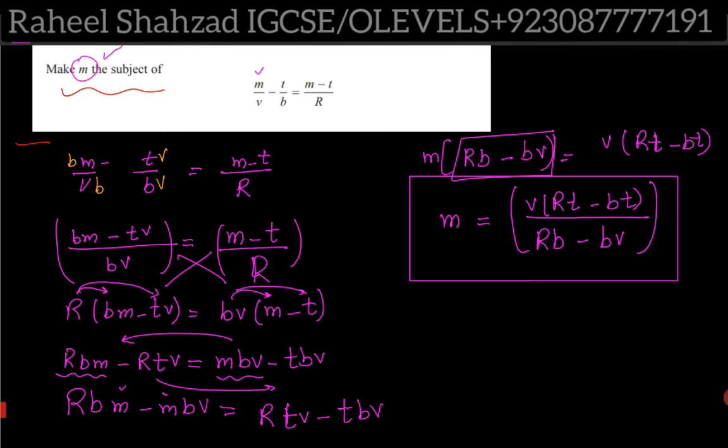You need to rearrange it for m, so rbm minus mbv, right, is equal to rtv minus tbv. You take m common on the left hand side, so it's rb minus bv is equal to rtv minus btv. You can take v common out of it, and this is m, the subject of the formula.